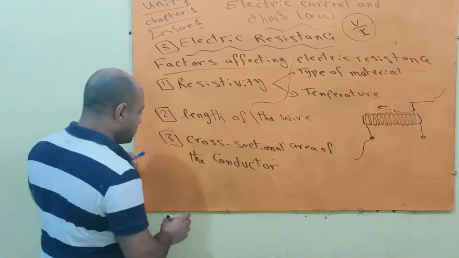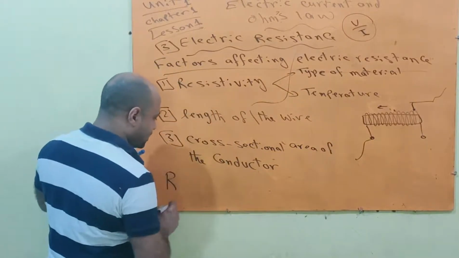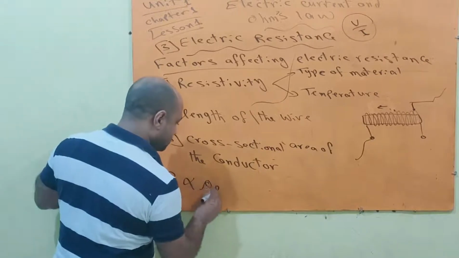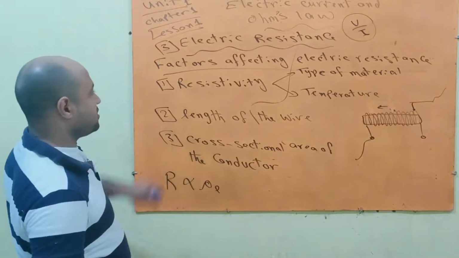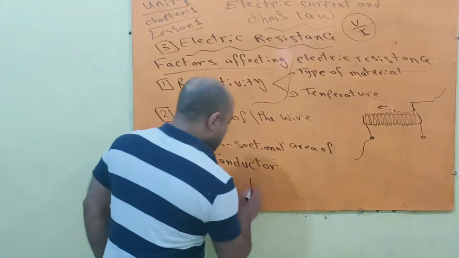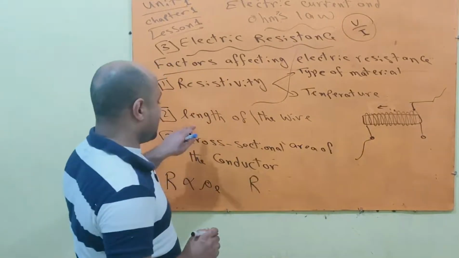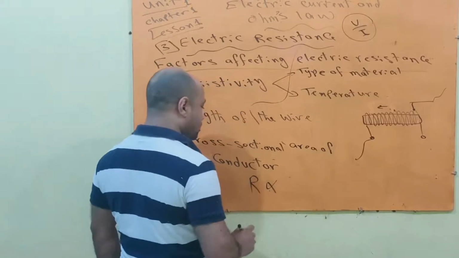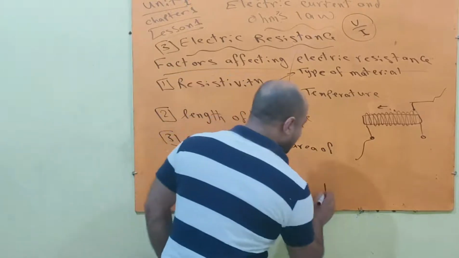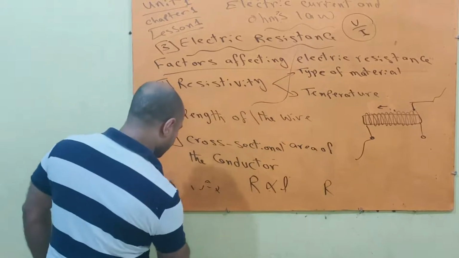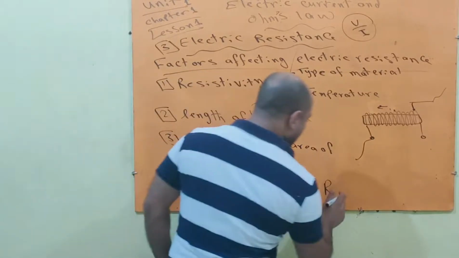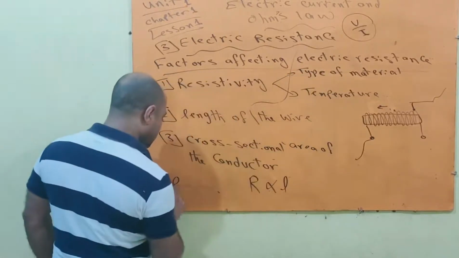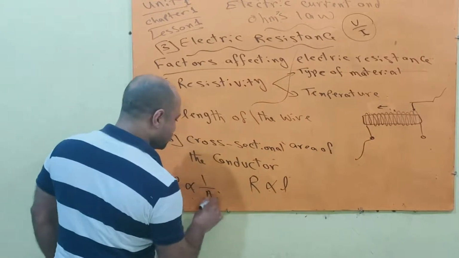And we can see that resistance depends on the resistivity of the conductor. Also, it depends on the length of the wire. It is directly proportional to the length of the wire, and it is also inversely proportional to the cross-section area.